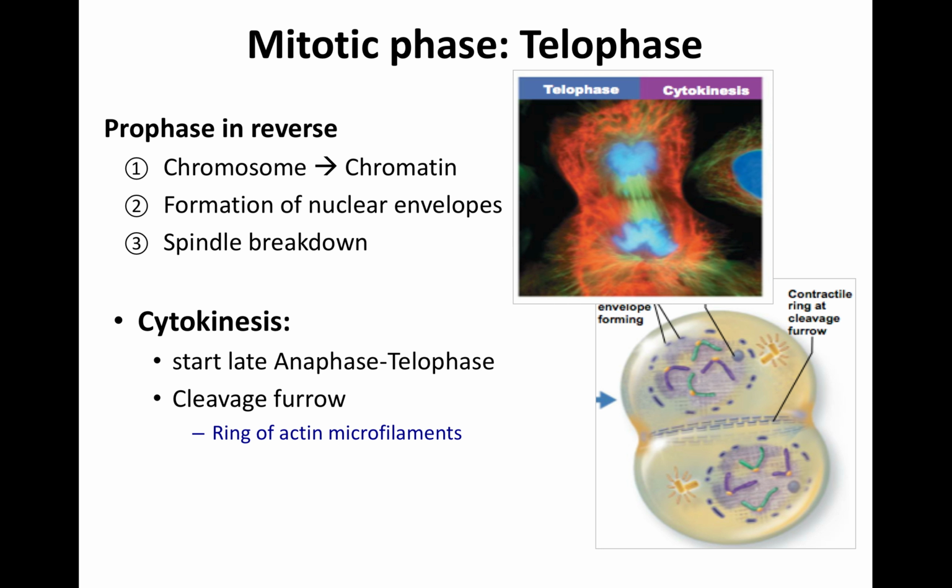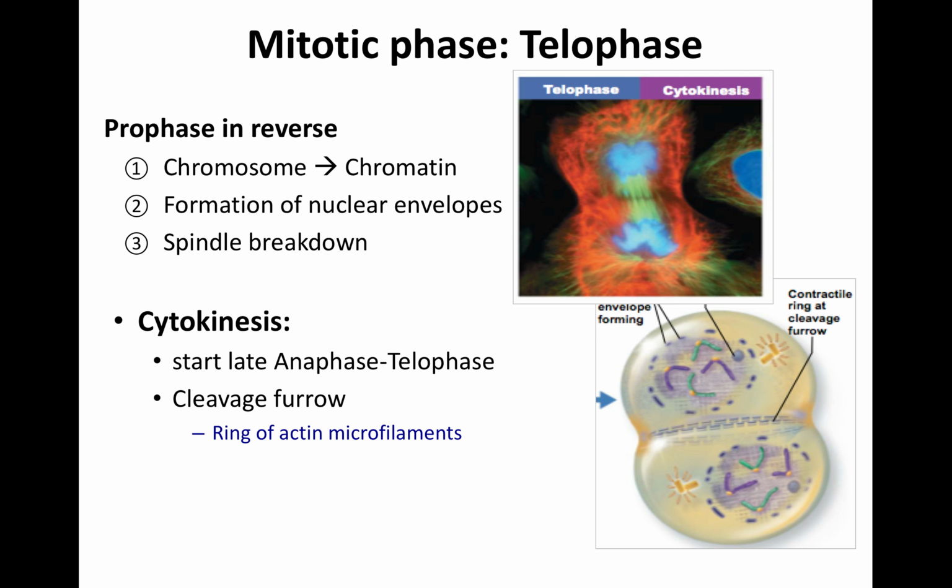Your nuclear envelopes are going to be formed around your genetic information. And since the job of your spindles is finished, the spindles start to break down to their original tubulin subunits.